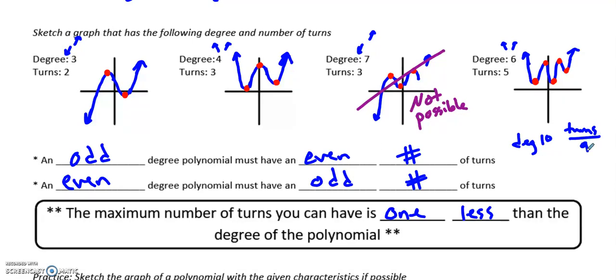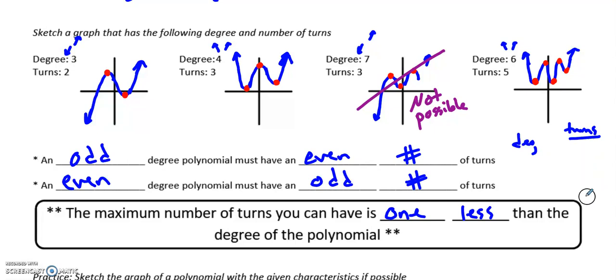And notice how a 10th degree polynomial has an odd number of turns. But just because it's the most doesn't mean it has to have 9. It could also have 7, 5, 3, or 1. It can have any of those odd numbers of turns, but the maximum is 9.